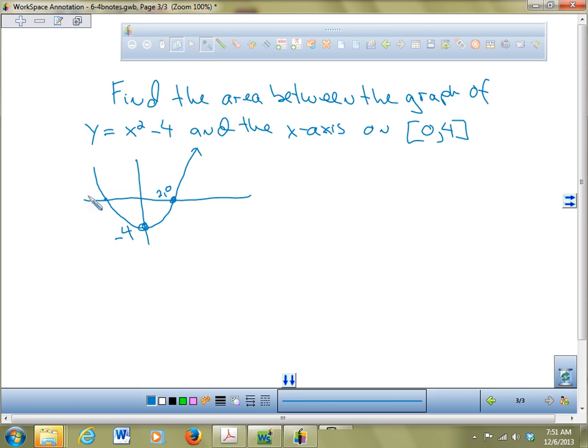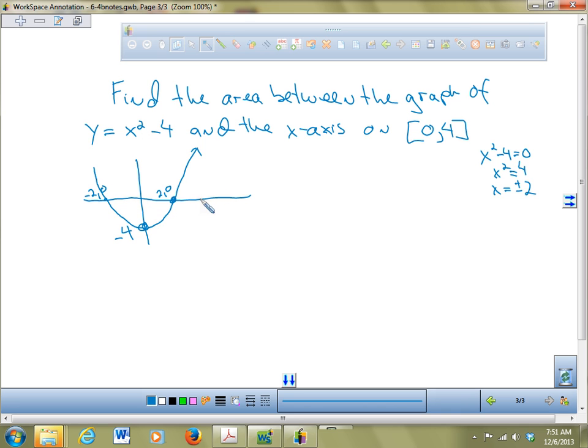And this is the point (-2, 0). And you know how to find the zeros, right? x squared minus 4 equals 0. So x squared equals 4, so x equals plus or minus 2. So the first thing, when you're finding area between the curves, you want to find the zeros, because that's where your area is going to change from negative to positive.